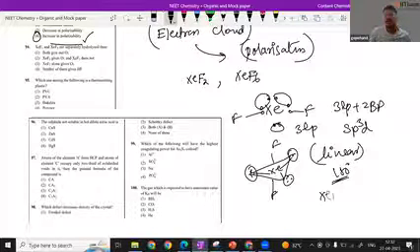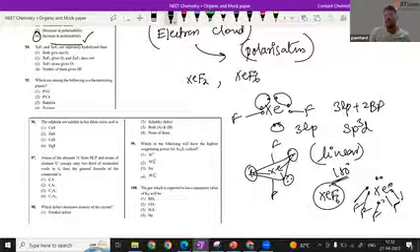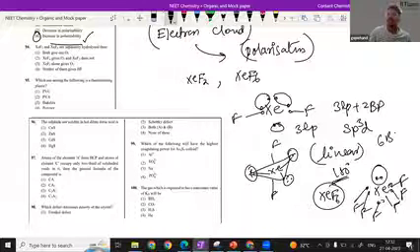Next, if you see xenon hexafluoride, xenon is having 8 again, and it will form 1, 2, 3, 4, 5, 6. One lone pair is present, so we can say 6 bond pairs plus one lone pair. This will be sp3d3 hybridization, and pentagonal bipyramidal.